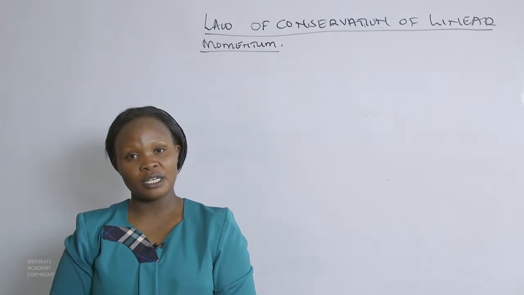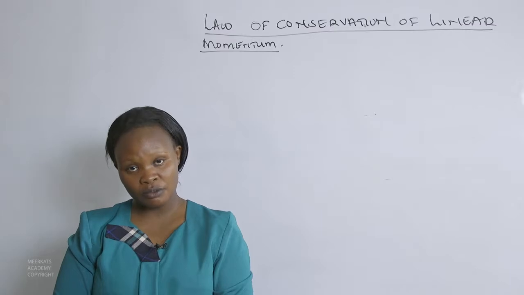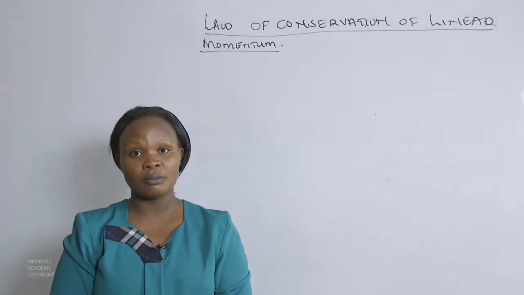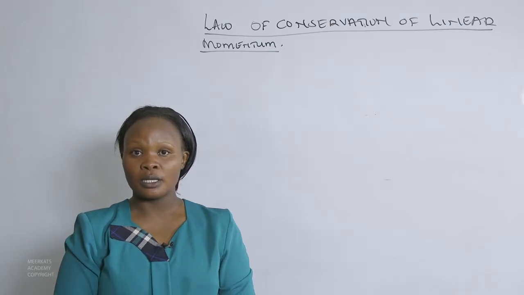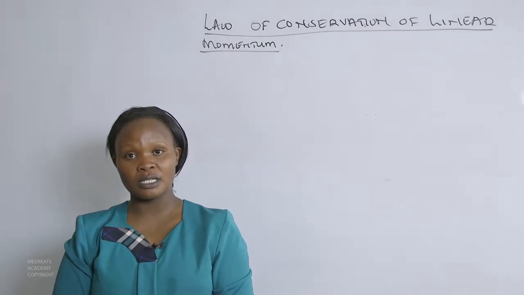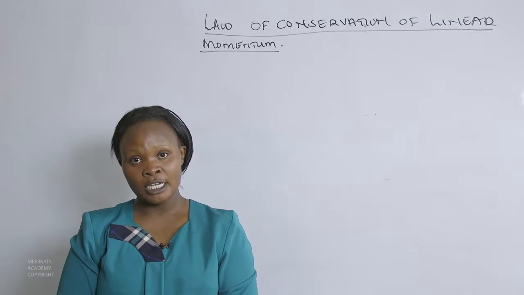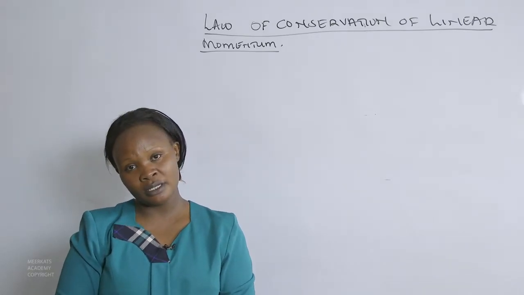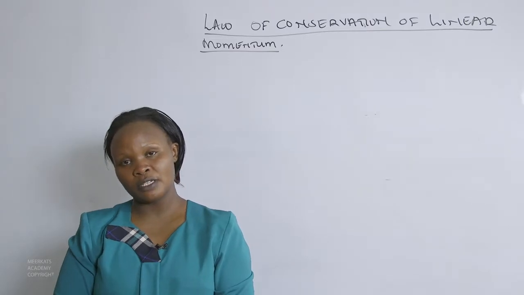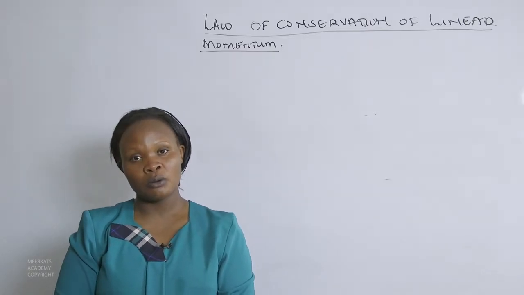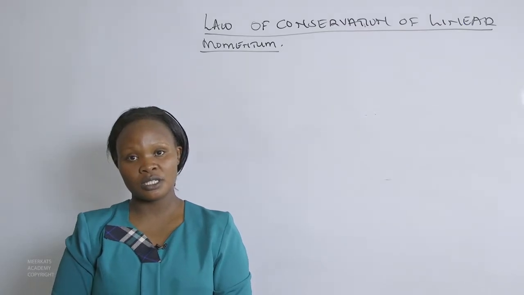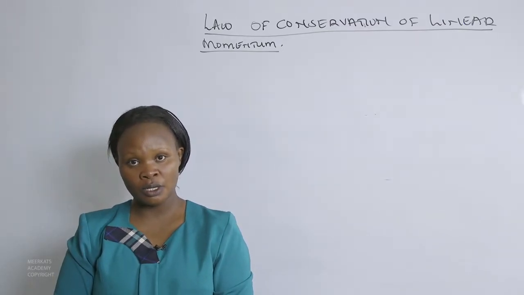Now, we have been able to look at the laws of motion. We have come across different parameters that we have related with each other. For example, we talked about inertia in our first law, where we said there is that reluctance to change the state of motion.